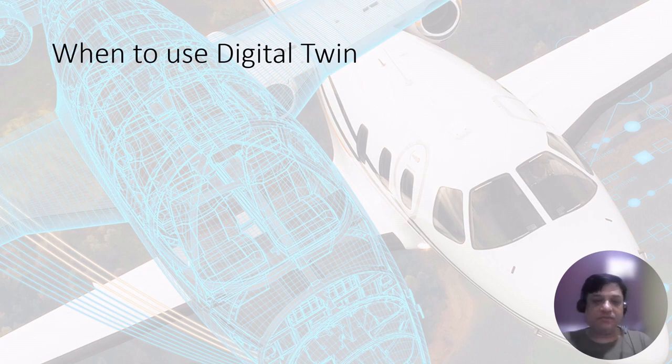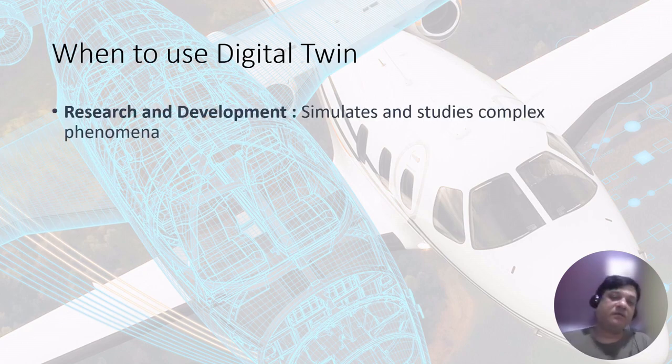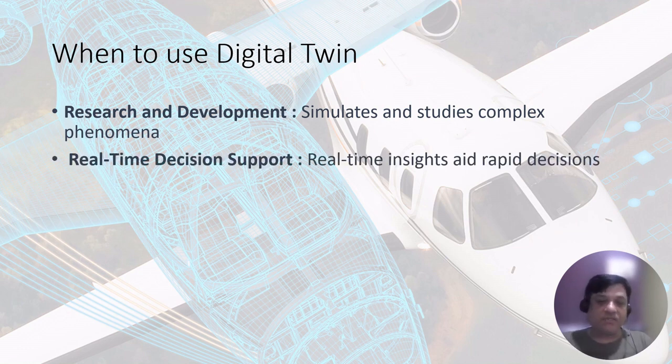Then it's research and development, wherein they are used to simulate and study complex phenomena such as molecular interactions, weather patterns, and chemical reactions. Next is real time decision support.